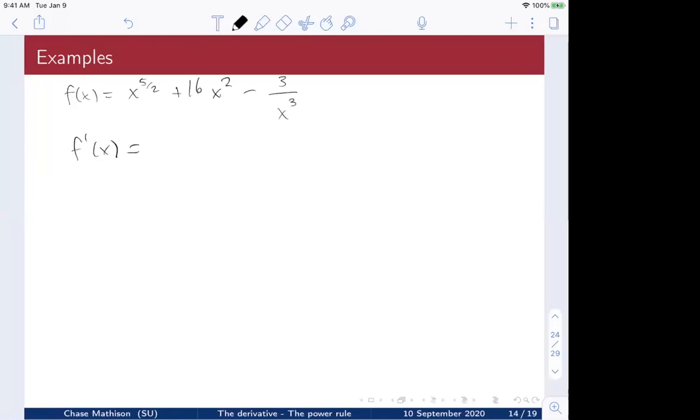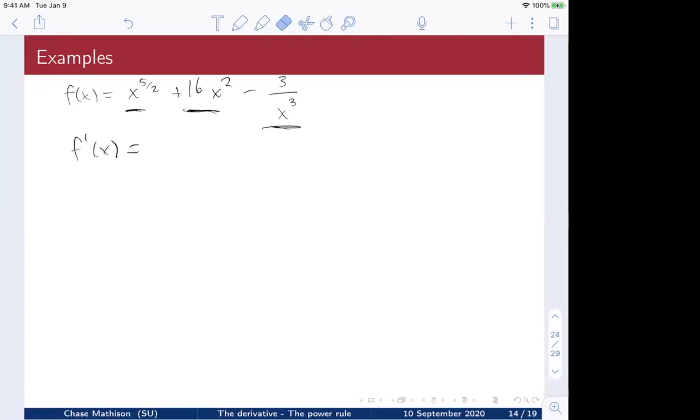By the last problem, I really only dealt with the sum of two things, but you can think of this minus this as another separate thing. It's not very hard to show that if you take the derivative of a sum of any number of things, you can just apply the derivative to each separate term. So f prime of x, I need to take the derivative of this plus the derivative of this minus the derivative of this, right?